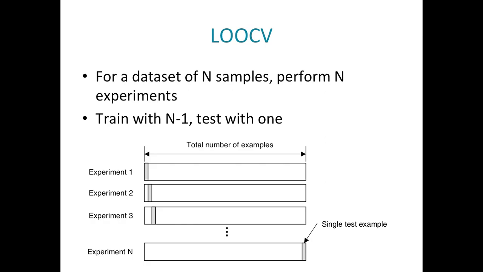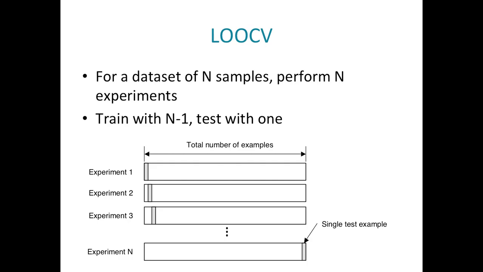But the trick here is that, of course, you cannot just test on one sample. If you repeat this process n times, you're going to be training with n different combinations of n minus 1 samples, and you're going to be testing on all the individual samples that you have in your data set.